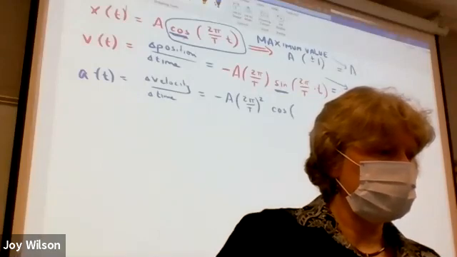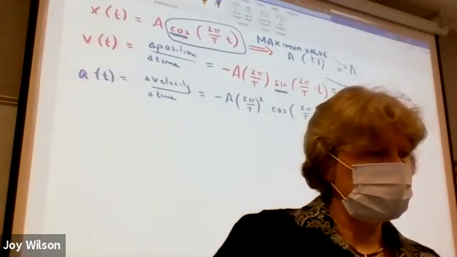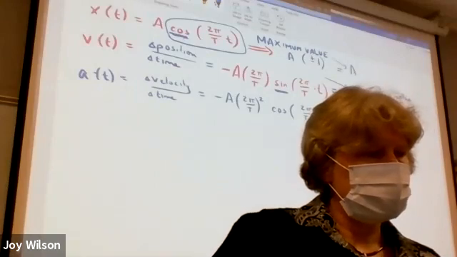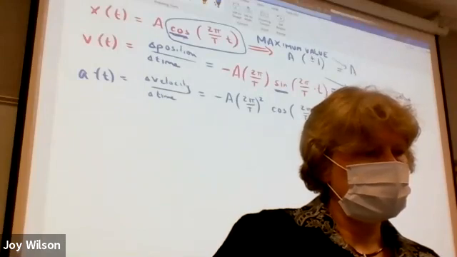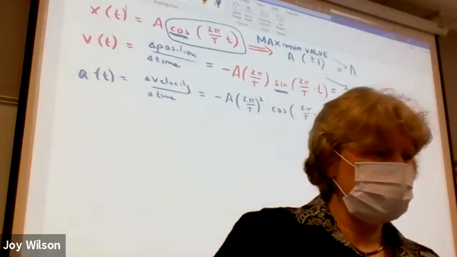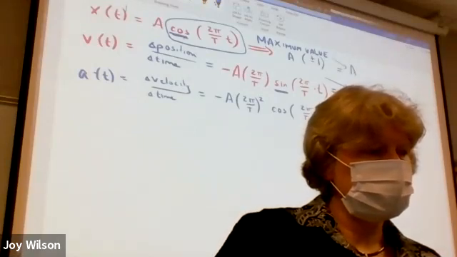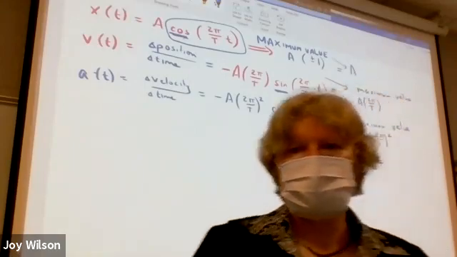Back to cosine. So max value. Cosine's biggest value is 1. So this is 2 pi t over t squared.